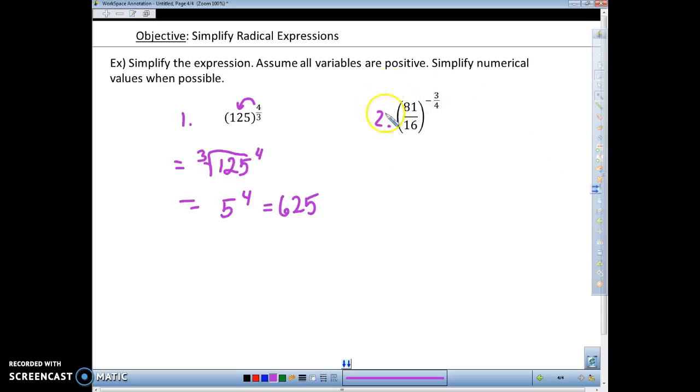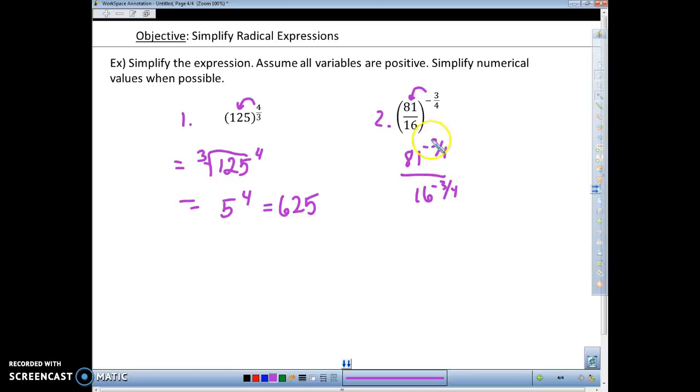Here I have a quotient, 81 over 16, and I want to distribute the negative 3/4 into each term. So kind of hitting double ideas here. So first I'm going to distribute in my exponent. So I have 81 to the negative 3/4 over 16 to the negative 3/4.